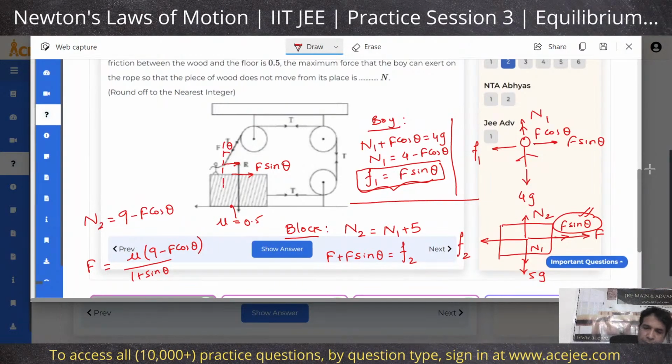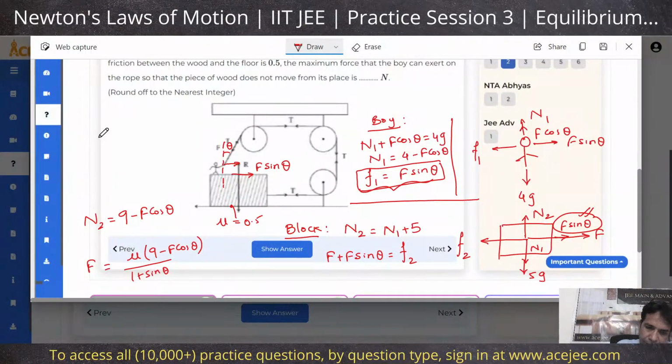Yes, sir. Okay. Now we are going to figure out for what value of theta this force is going to be maximum. So we have mu times 9g minus, so we need to take force F to the other side. Let's quickly rearrange so that we have F on the left hand side and the expression involving theta on the other side.